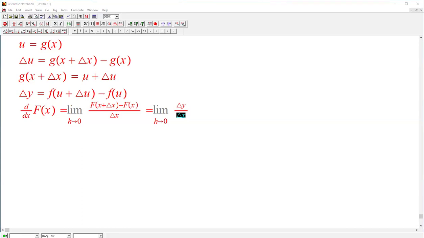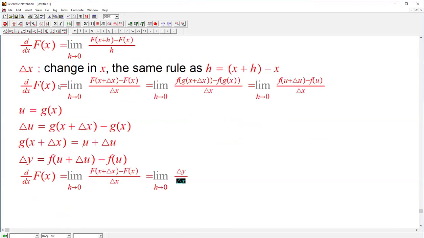And next, with this shorthand notation, of course, capital F is y, right? We introduced this. So now, this is dy dx.